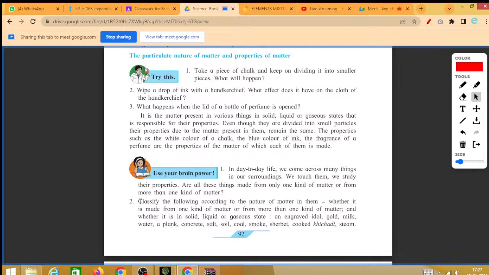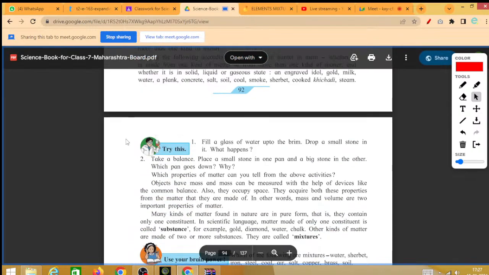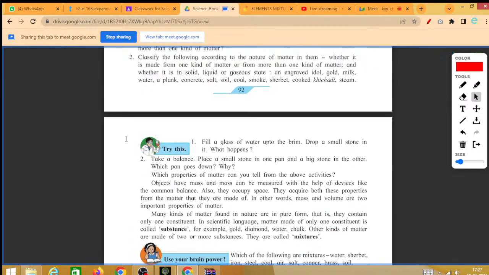Solid है कि liquid? Liquid. अगर पतली खिचड़ी बनाए, but it is still solid, semi-solid हो सकती है ना? Next, Harshal. Steam. One thing and gaseous. It is made up of only water. But water is made up of more than one thing. Yes, miss, more. Okay.